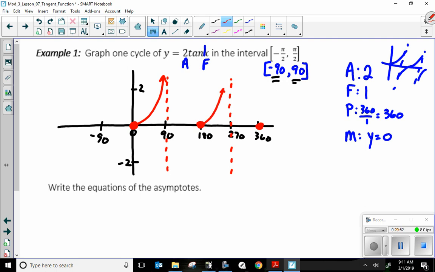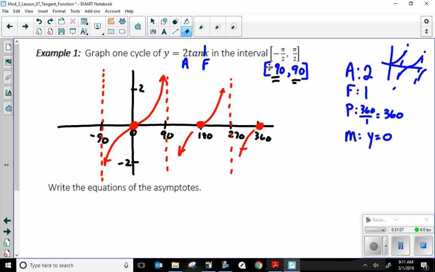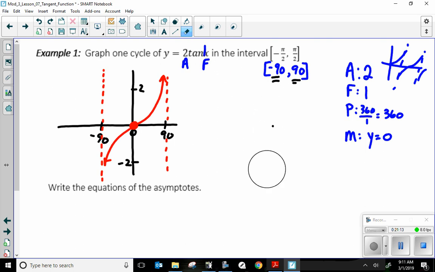Now, every dot, I go down and to the left, okay? So this would come down to the left, but I don't need that. Down to the left, I don't need that. This would come down and to the left, and my next asymptote would be right there. So if they only want me to graph this from negative 90 to positive 90, I don't need any of this here at all. Okay?